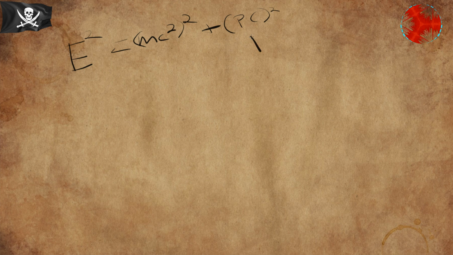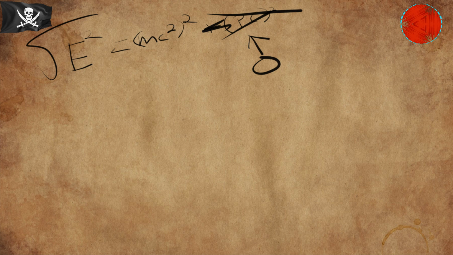The reason, oopsie daisy, just real quick, that E squared equals MC squared plus PC squared becomes E equals MC squared is usually because momentum is 0, which cancels this out, which means you don't have to worry about this plus sign.